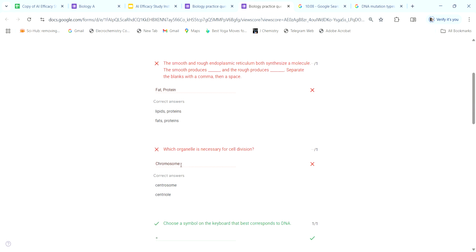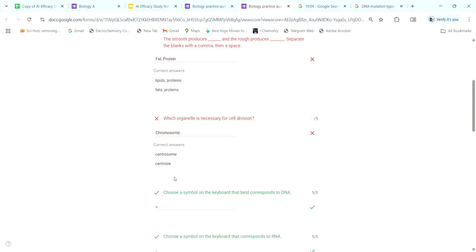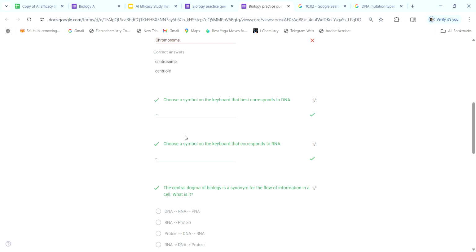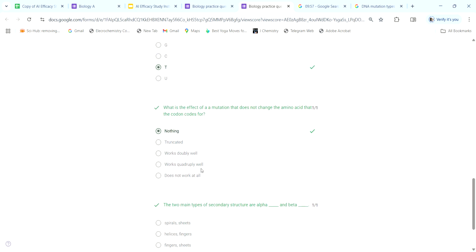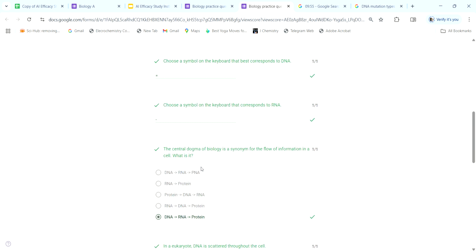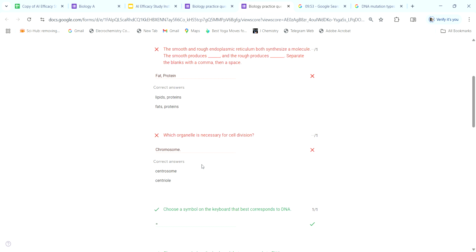This should be centrosome, centriole. That is correct. Okay, so I can copy paste which organelles are necessary for cell division.